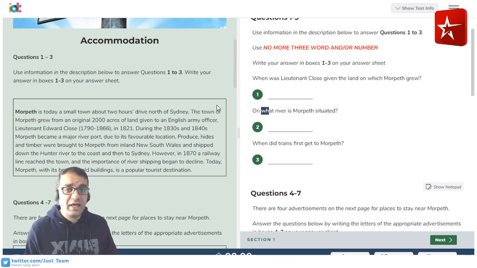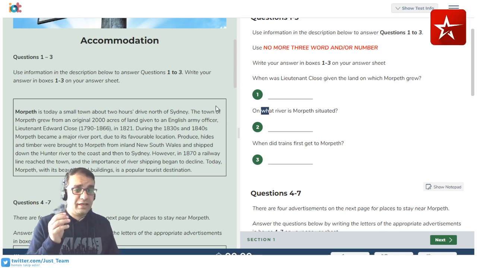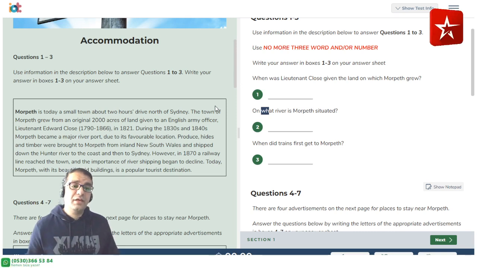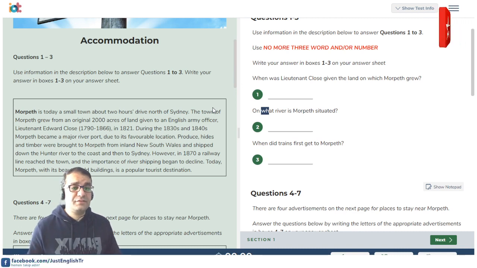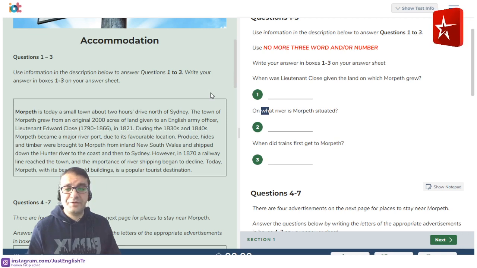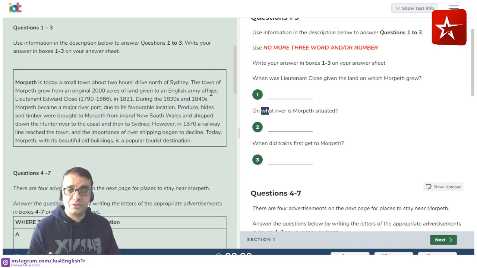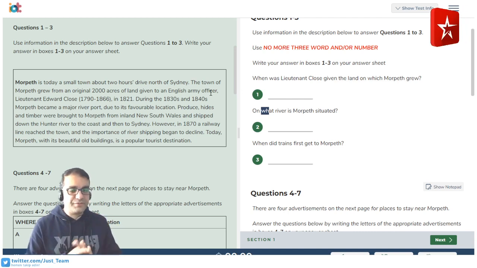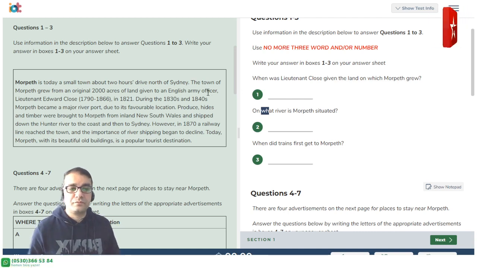Now basically this is exactly an IELTS exam, and on the screen above me you can see that there is a paragraph, and the paragraph is about how to find the questions. This is a simple paragraph for finding the answer.